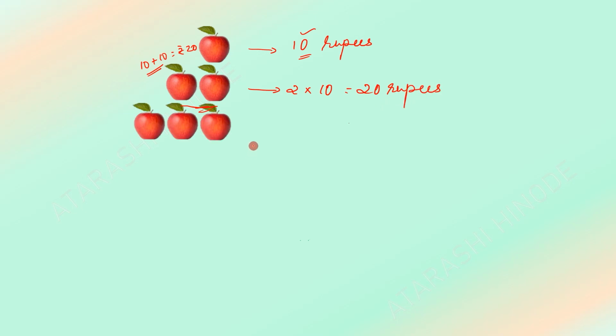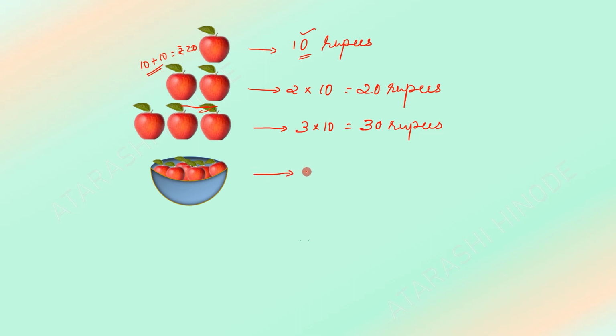Then cost for 3 apples will be 3 into 10 equal to 30 rupees. And if there are 15 apples, then cost will be 15 into 10 equal to 150 rupees.